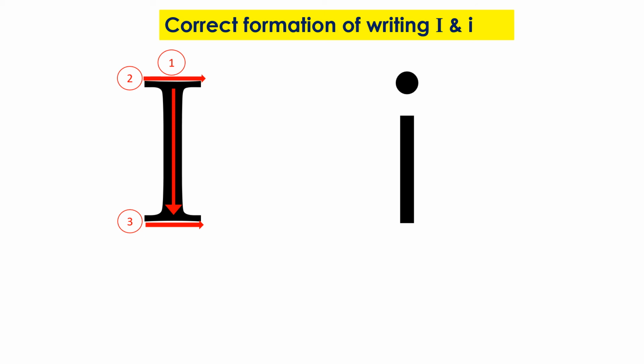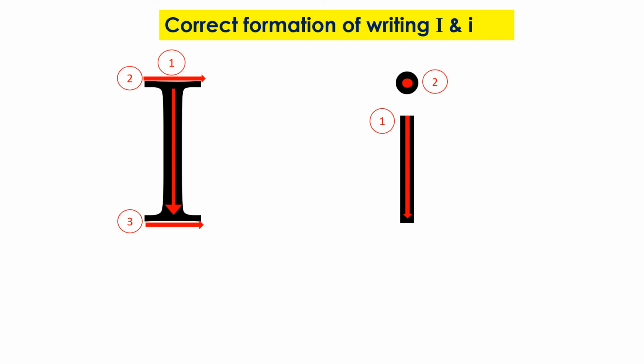Alright, next we'll move on to simple I. Start from the middle to make one standing line down and a small dot above the line.